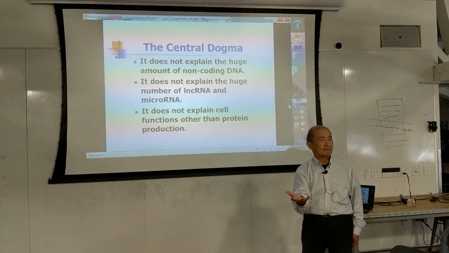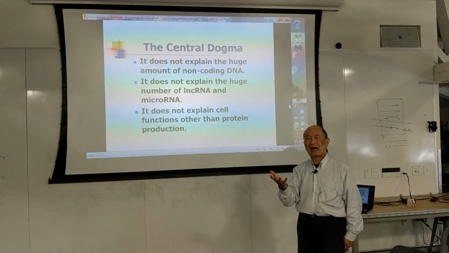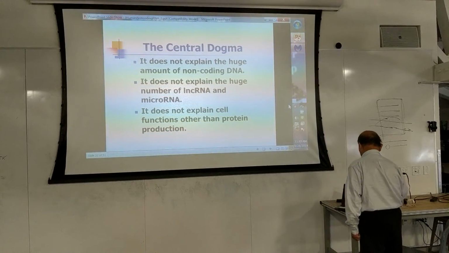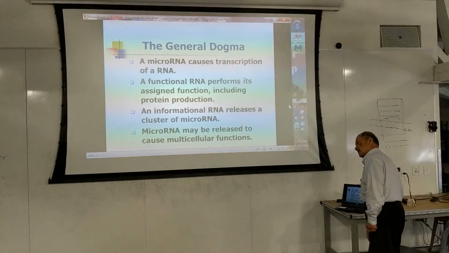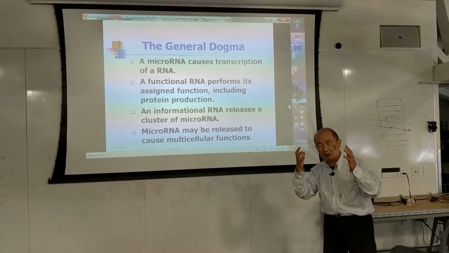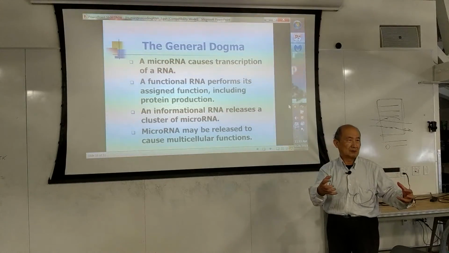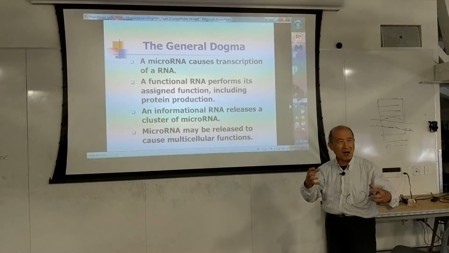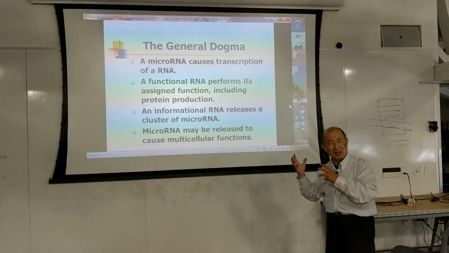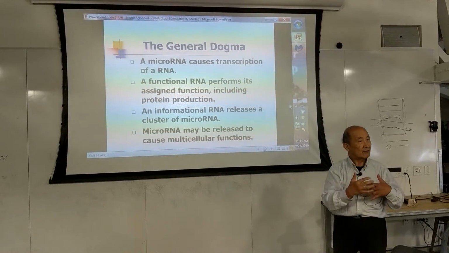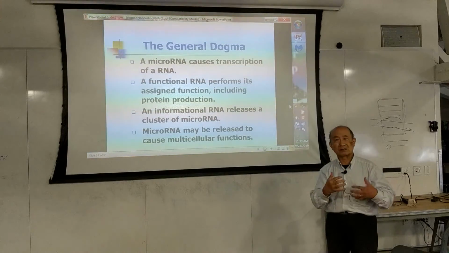So the central dogma is very important because we see that in the genome there is information, and this information is copied and then translated into protein in a very precise fashion. So this is the basis of molecular biology for the last 100 years.